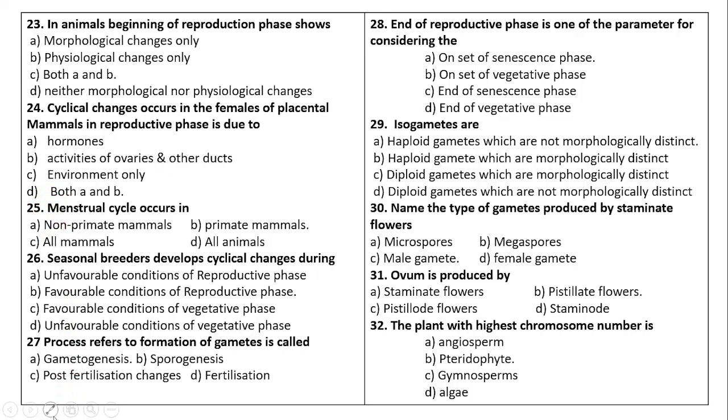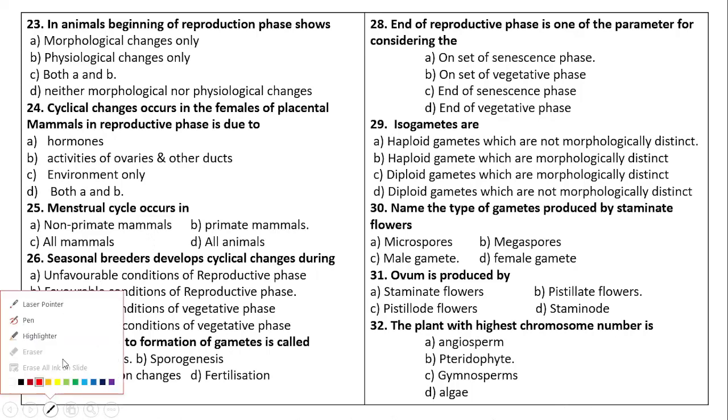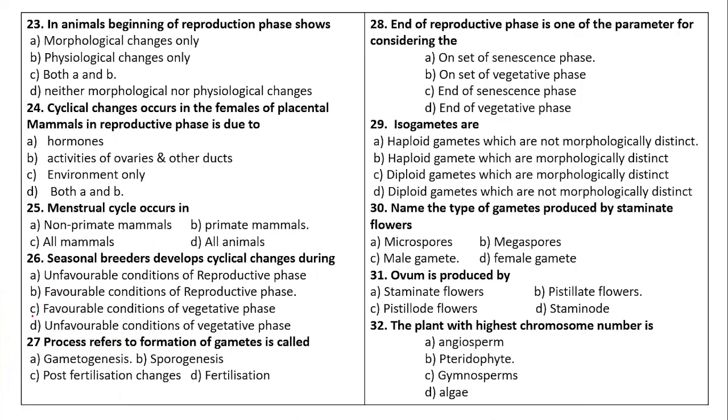Coming to the next one. So in the 24th question, option D is the correct answer. Coming to the next question, menstrual cycle occurs in. First of all, I want to make clear what the menstrual cycle is.